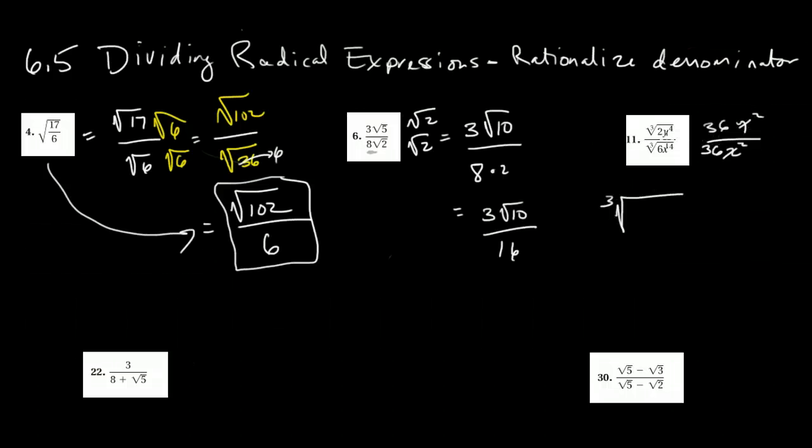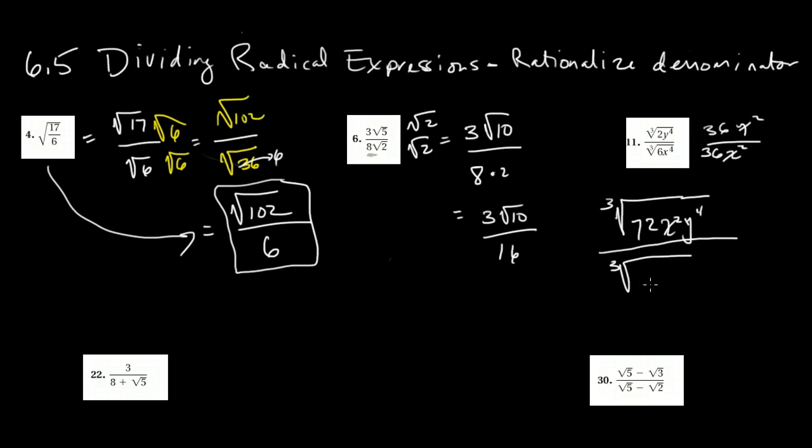Let's see, 36 times 2 is 72. The cube root of 72 x squared y to the 4th power, and that'll be over the cube root of 216. x squared times x to the 4th is x to the 6th power.